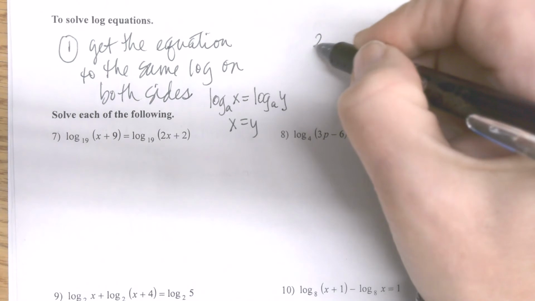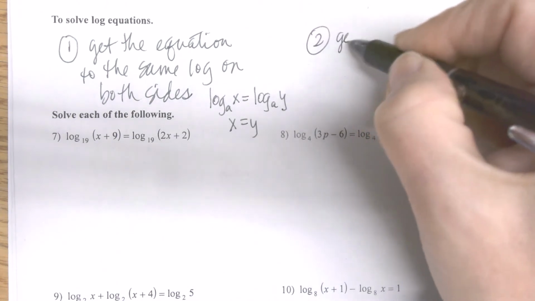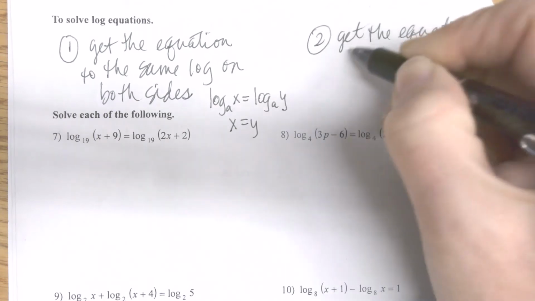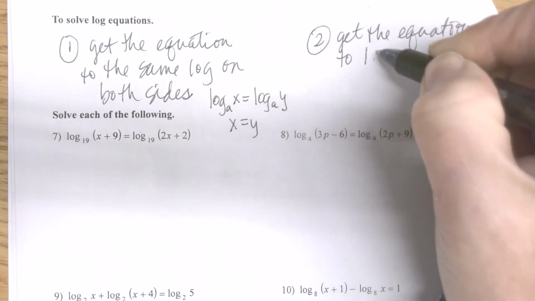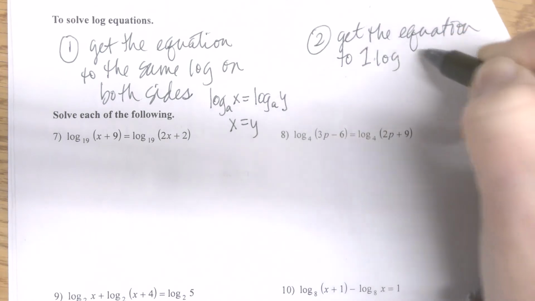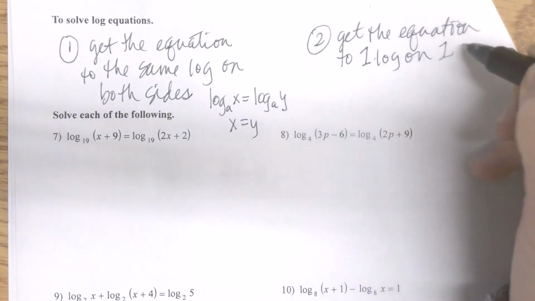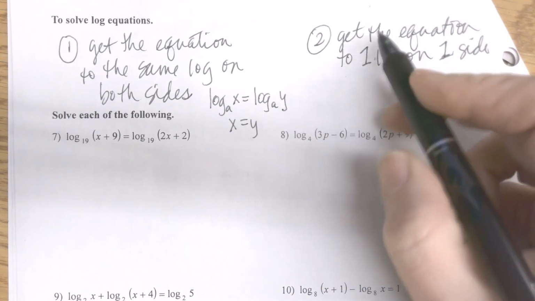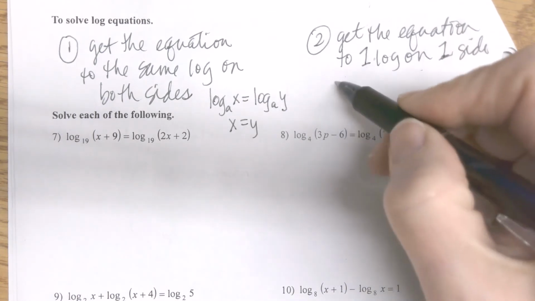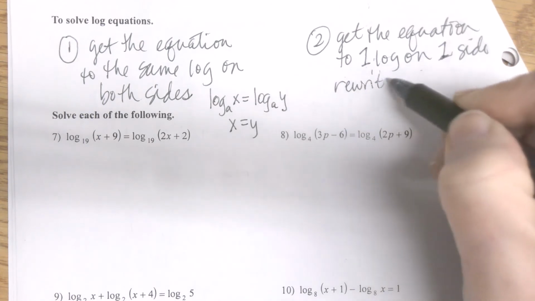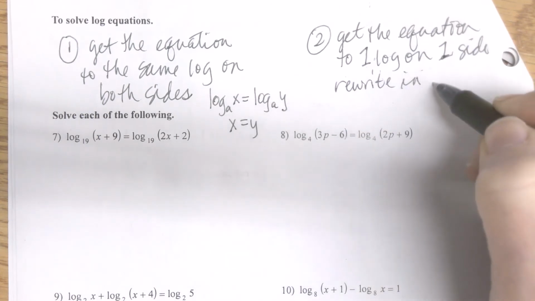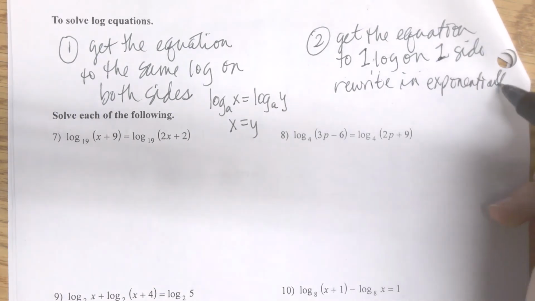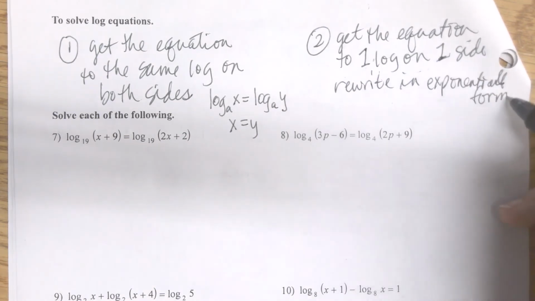The other method is if I get the equation to 1 log, that's a 1, on one side, then I can rewrite in exponential form to solve that way.